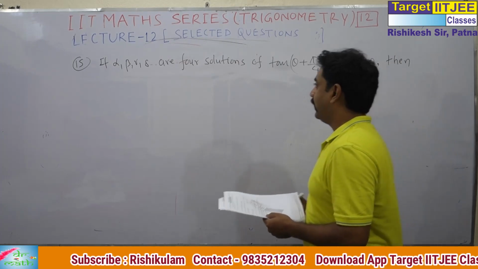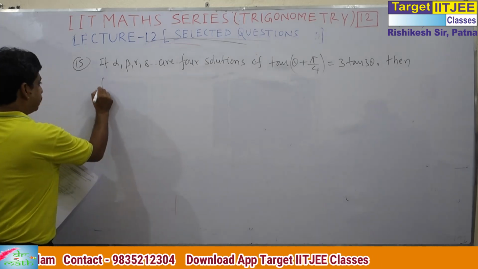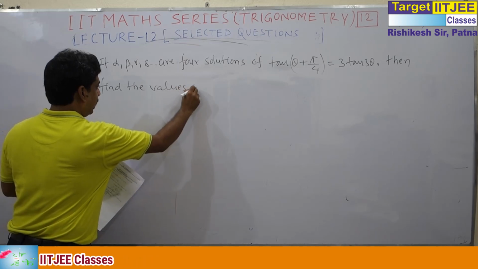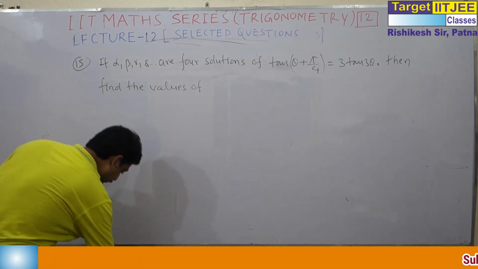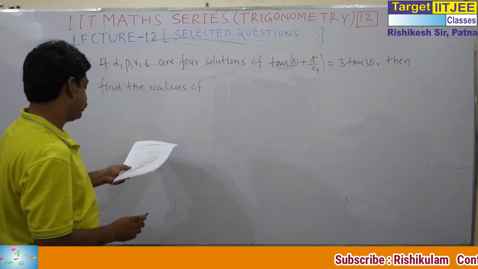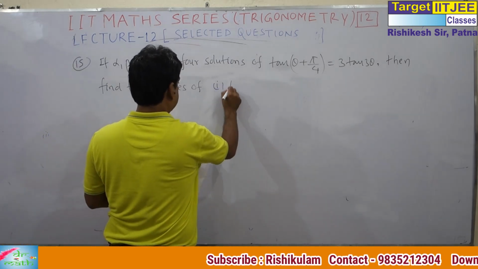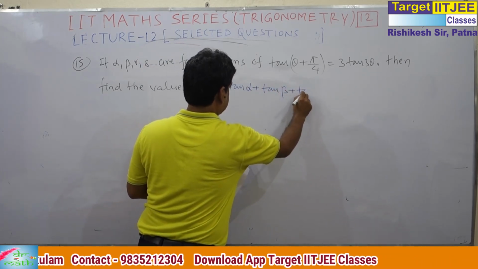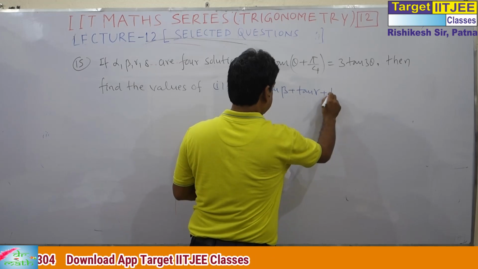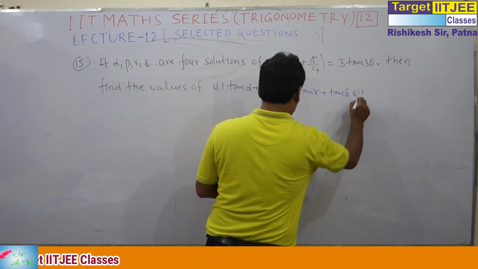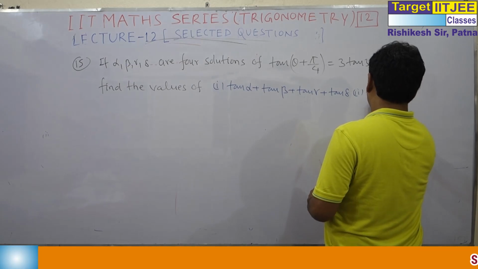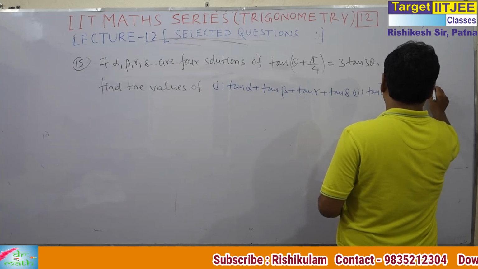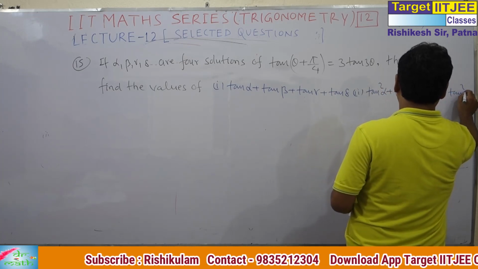Then find the value of: number 1, tan alpha plus tan beta plus tan gamma plus tan delta, and number 2, tan square alpha plus tan square beta plus tan square gamma plus tan square delta.